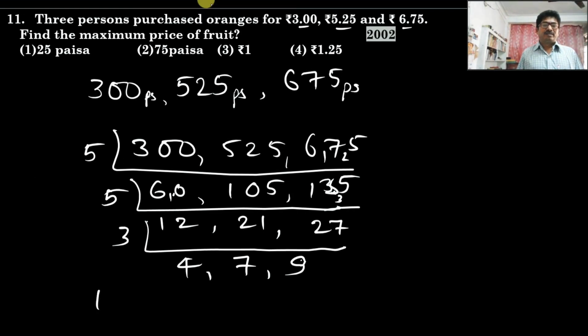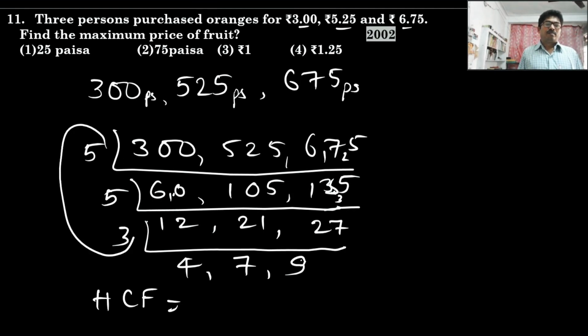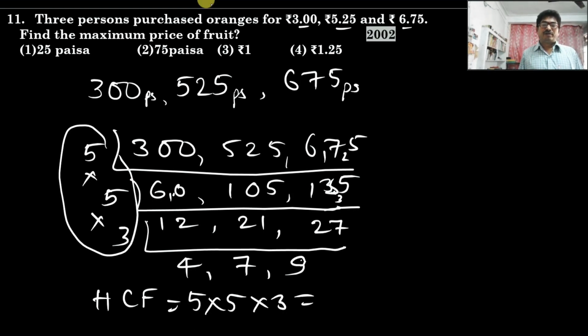So the HCF of these numbers is the product of these divisors: 5 times 5 times 3, 25 times 3 is 75. So 75 paise is the maximum price. 75 paise, option 2.